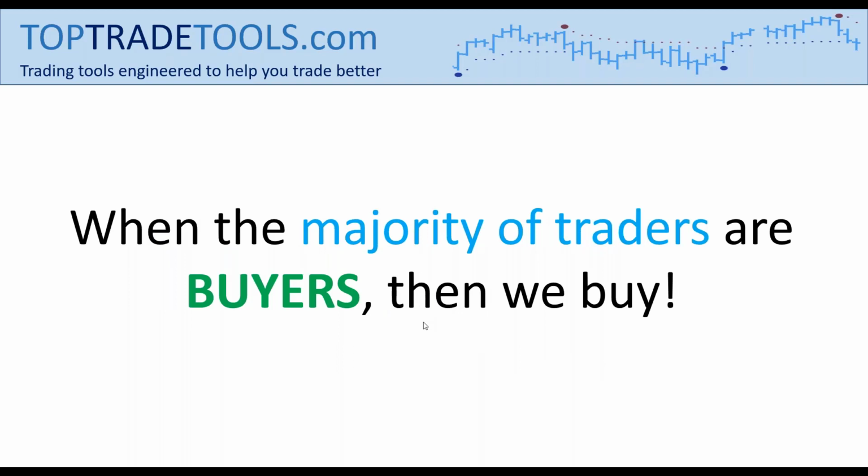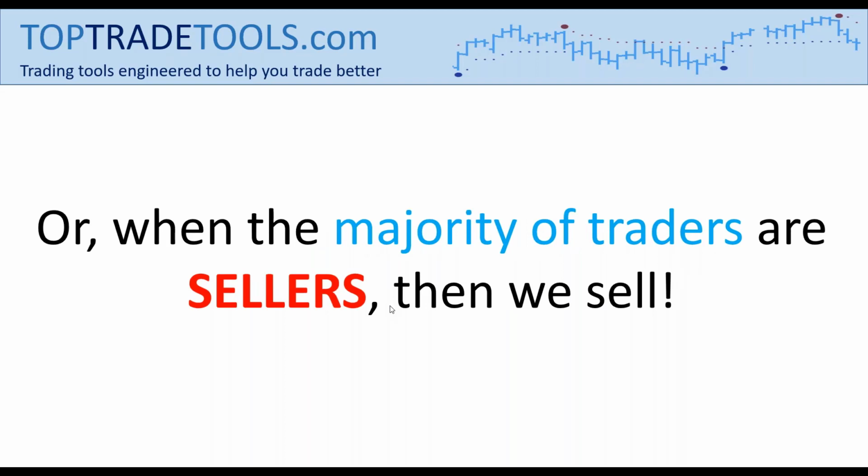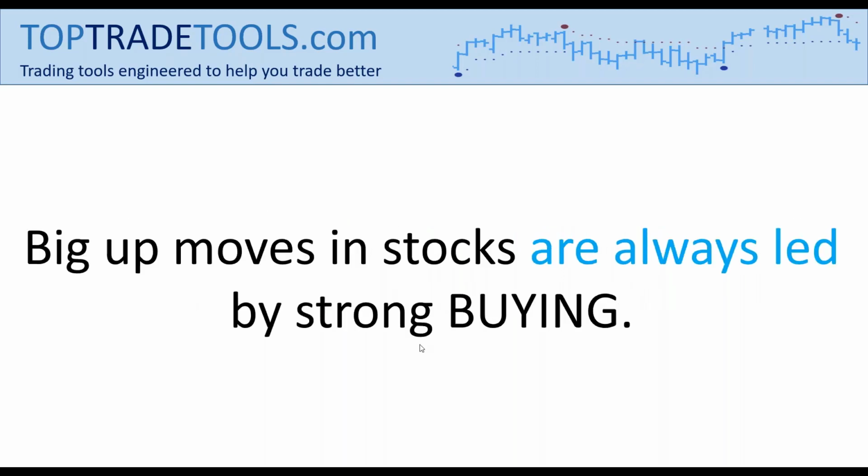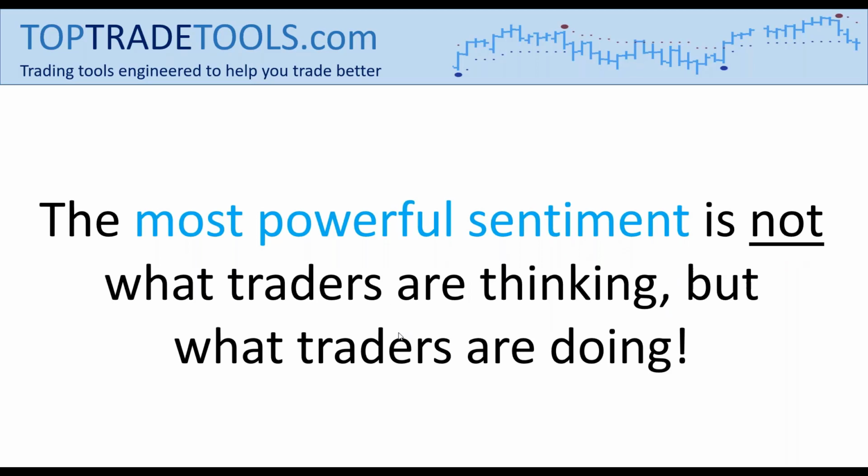When the majority of traders are buyers, then we would turn to buy ourselves, or when the majority of traders are sellers, then we would sell, jumping on the side of the strongest force, if you will, in the market. Big up moves in stocks are always led by strong buying. The most powerful sentiment is not what traders are thinking, but what traders are actually doing.